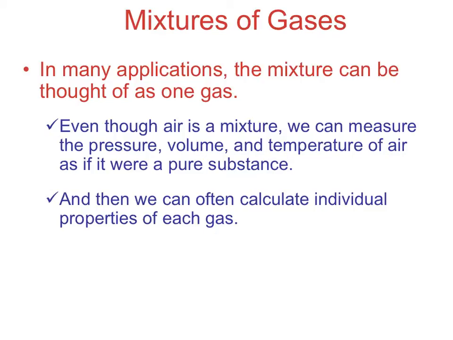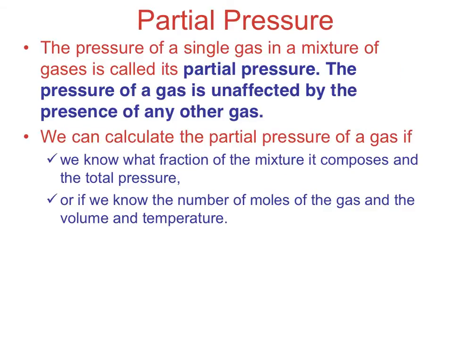So it turns out that because the gases don't interact with each other, there are not significant intermolecular attractions or repulsions, we can treat each gas in a mixture individually. That makes things a lot easier for us. If we want to talk about the pressure or properties of one individual gas in the mixture, the pressure we refer to as partial pressure.